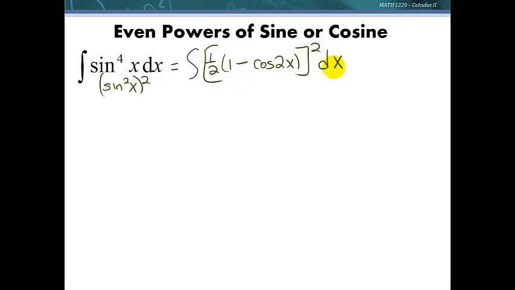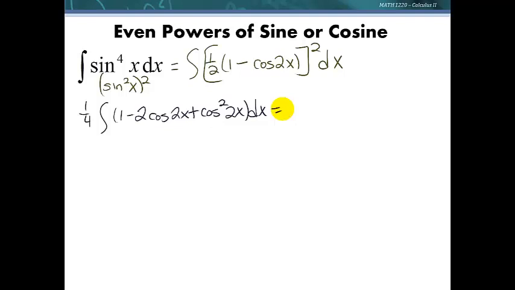Now let's see what we can do with that. Well, we've got this constant 1/2 that's squared. We can square that and bring that out in front, and then have the integral, and we can multiply this out. So this would be 1 minus 2 cosine 2x plus cosine squared 2x dx.